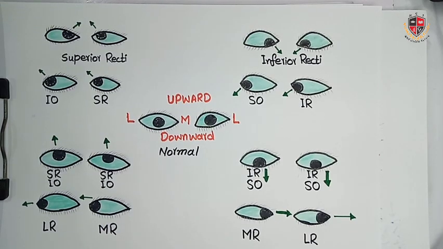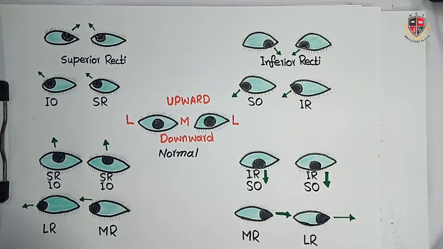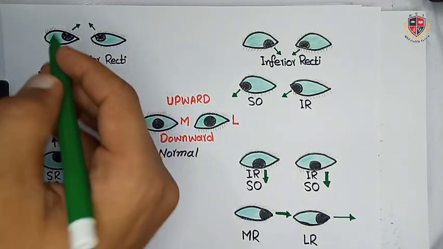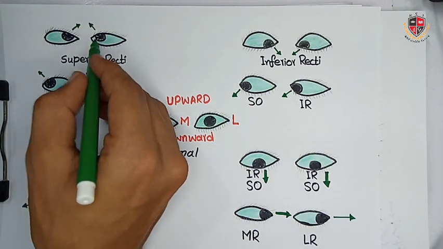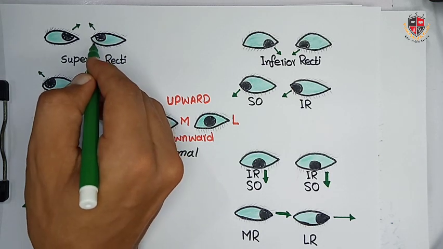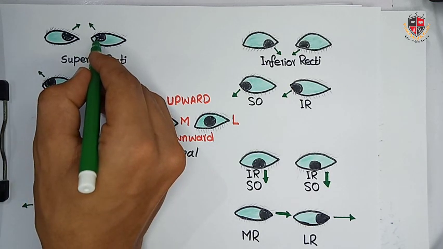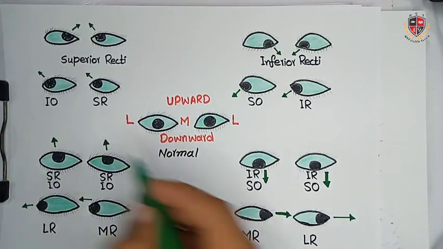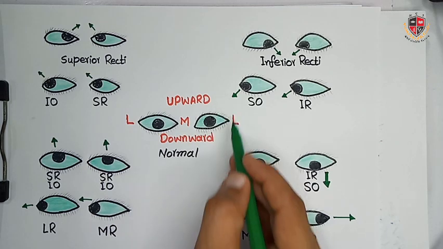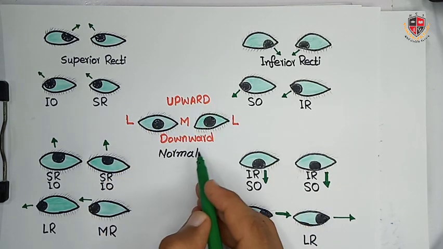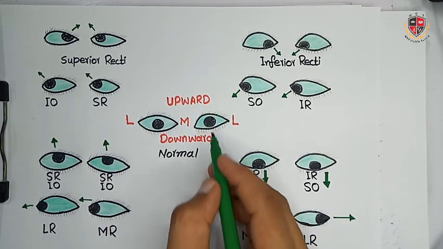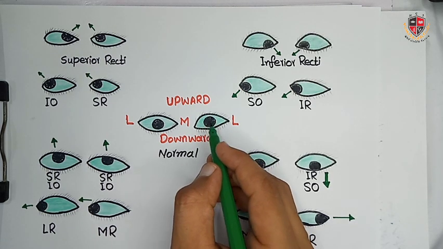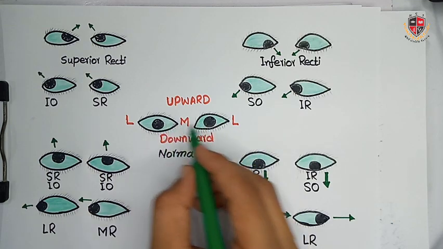Now we see the individual muscles which cause the movement of the eyeball. The superior rectus causes the movement of the eyeball in medial position upward. First we see this is the normal position of the eyeball, and the pupil is present in the center.